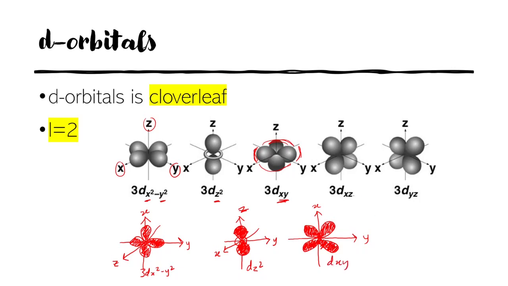Exactly the same thing for dxz, which means it is in between x and z. So you draw the same thing, just replace the axis. This one is xy, dxy. If you change this one into z, it will be dxz.